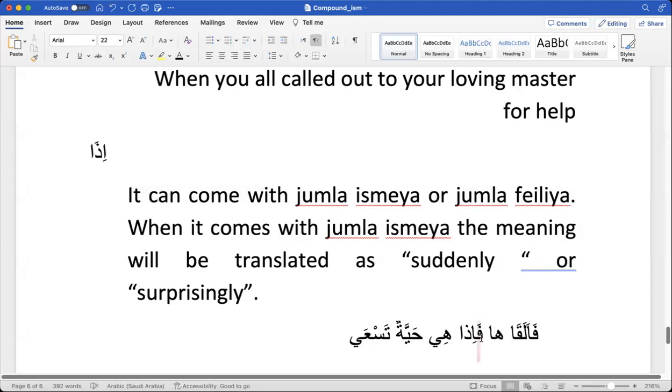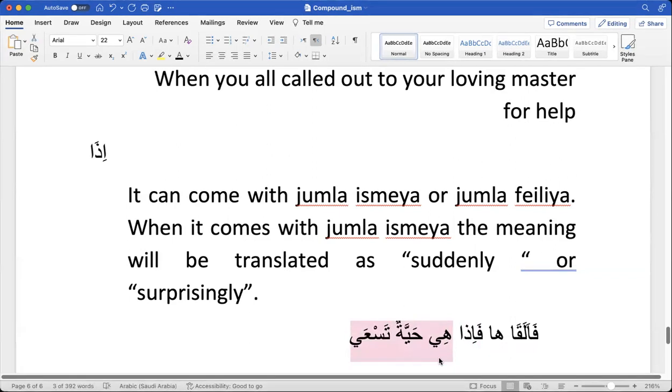Faiza, then. How do you translate Iza? It also means when, correct, but in this case it creates the meaning of suddenly, a surprise. Leave Fa aside, you have Iza followed by Hiya Hayyatun Tas'a.